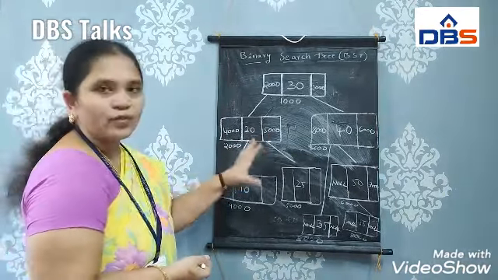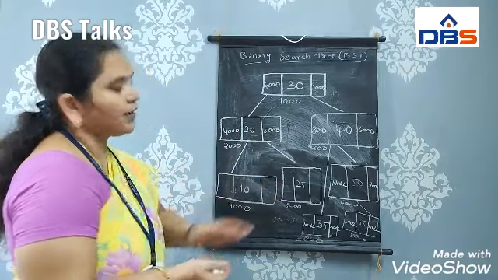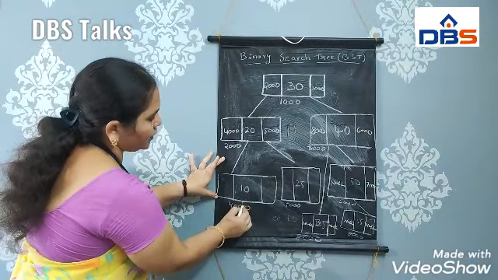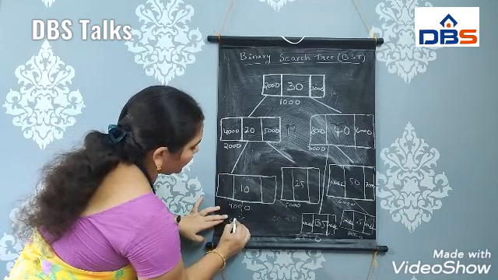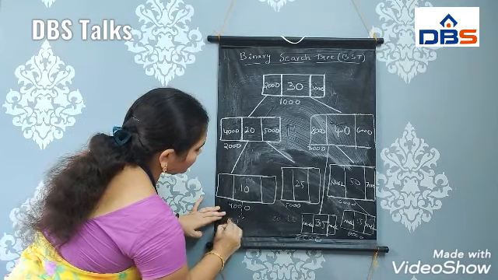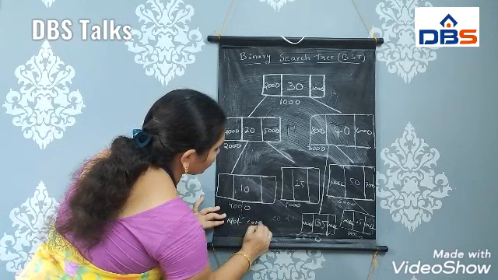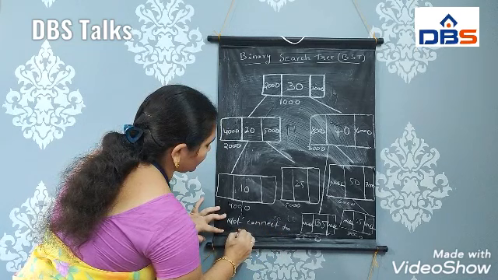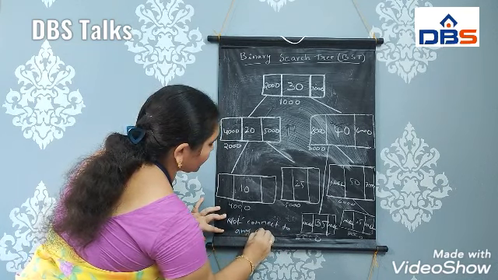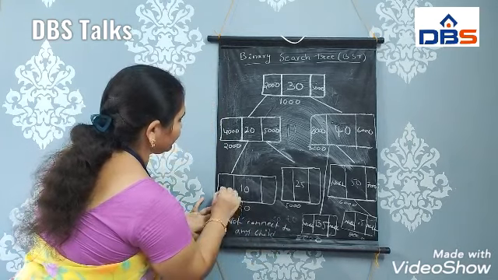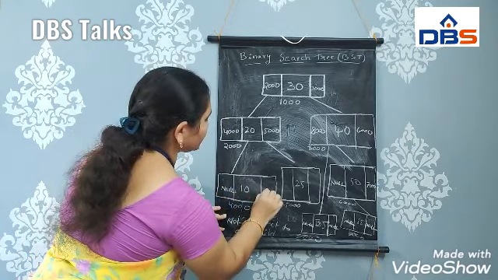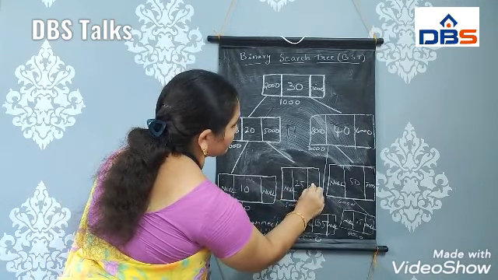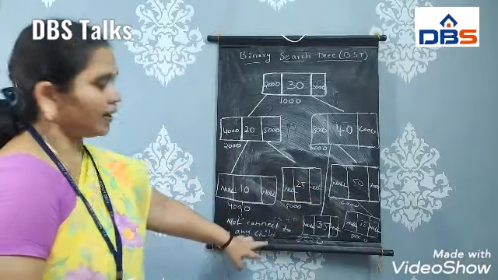Consider this binary search tree node representation. In this tree we have different types of nodes. See this node. This node is not connected to any chain.